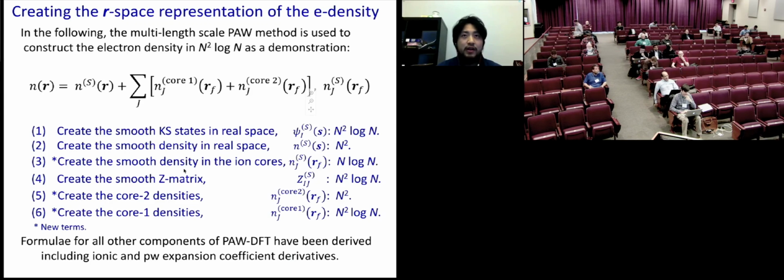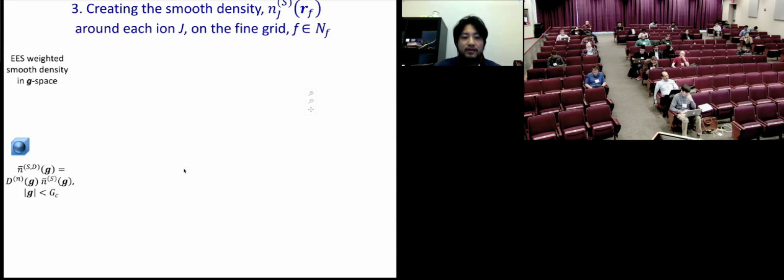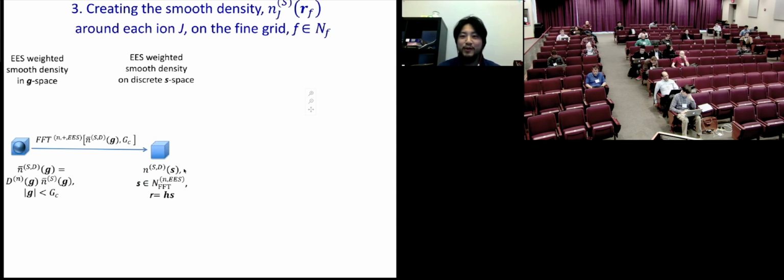I'm going to show you how we get the local density, which is needed in the PAW implementation. The first one is the smooth density inside the core. To calculate that, first we have to calculate the electron density in the G space, but that's easy. And we multiply it by dg, which enables your FFT, the weighting function.